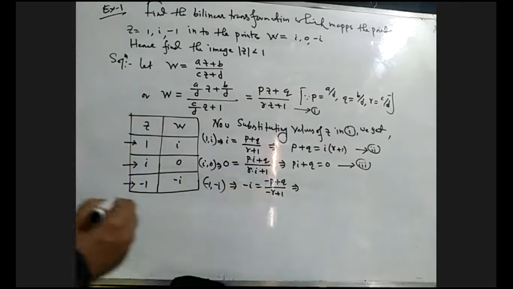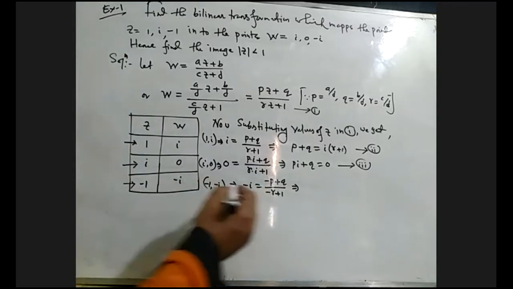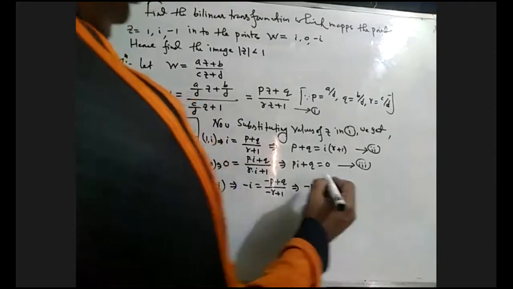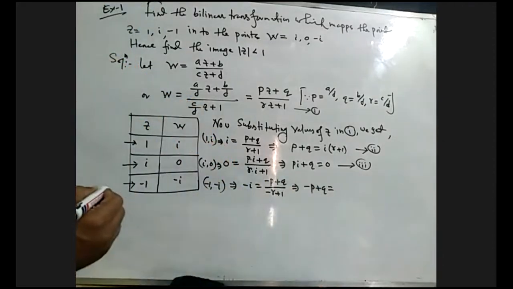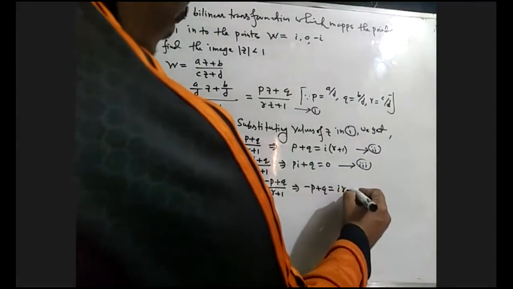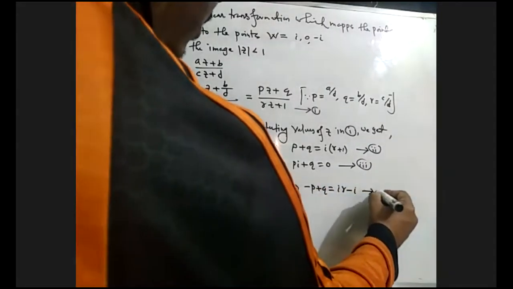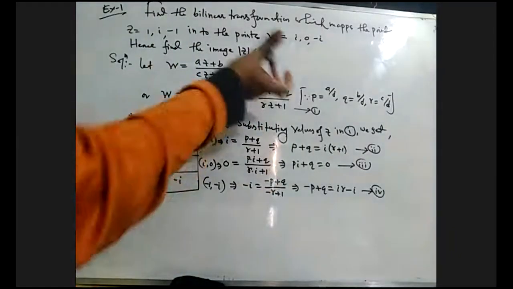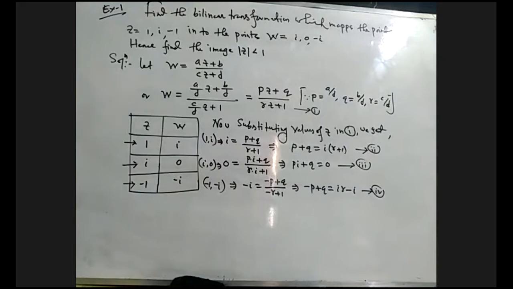By cross multiplication, we get minus P plus Q equals iR minus i. This is equation number 4. Just putting these points in equation 1, we get this one.